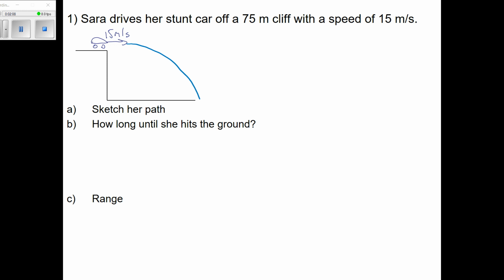So now, like I said in the last slide, what you need to do is separate x and y information. So we need to make two charts. With the last problems, we did this chart, so we have y information. But with these problems, they're going horizontally, so we also have x information.